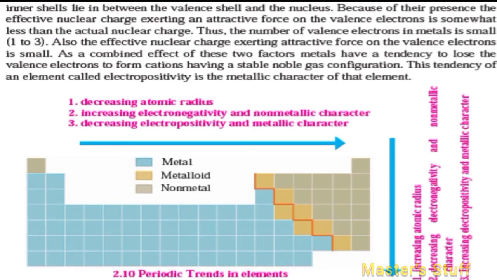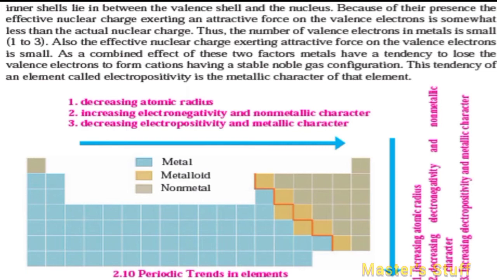The electrons in the inner shell lie between the valence shell and the nucleus. Because of the presence of these electrons, the effective nuclear charge exerting an attractive force on the valence electron is somewhat less than the actual nuclear charge.